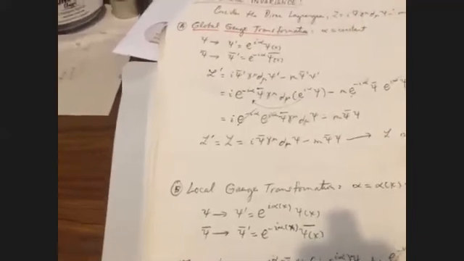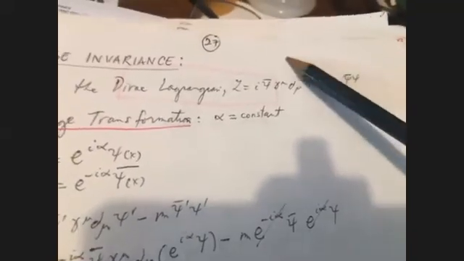Now, the next thing that you can do, and if we are cut off by Zoom, you can try the transformation where this time alpha is a function of space-time. So you go back to the original expression of the Lagrangian, this one, okay?